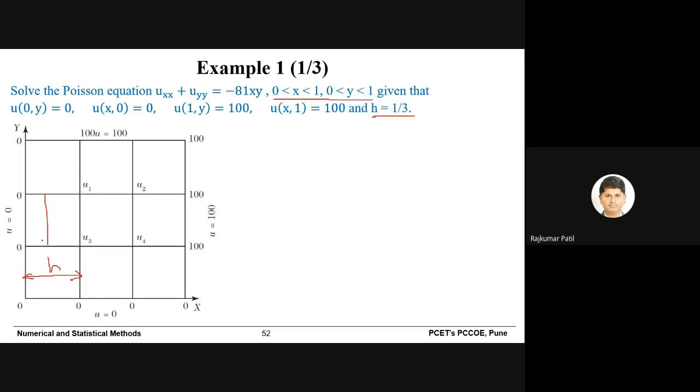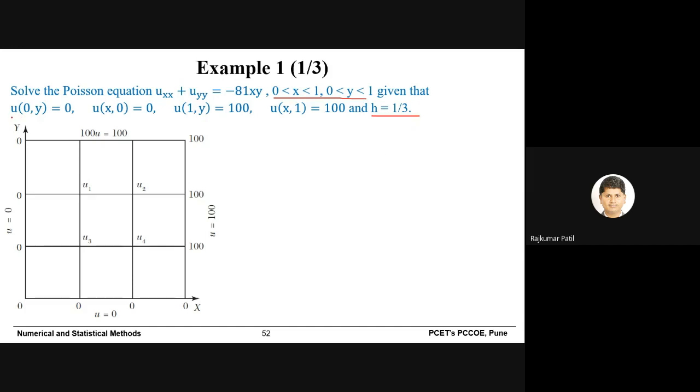And similarly, the vertical distance between the two horizontal lines will also be h. So by using this range and the value of h, you prepare the mesh. This is how you need to utilize the data given in the equation to prepare a mesh.